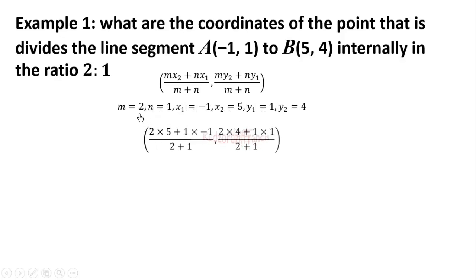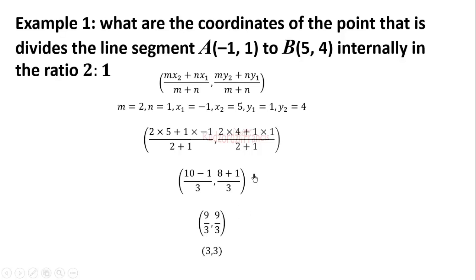Now let's substitute into this formula. When we substitute this into the formula, we get this. So this will give us 10 minus 1, and this will also give us 8 plus 1, all over 3. So this will give us 9 over 3 and 9 over 3. So the answer will be (3, 3).